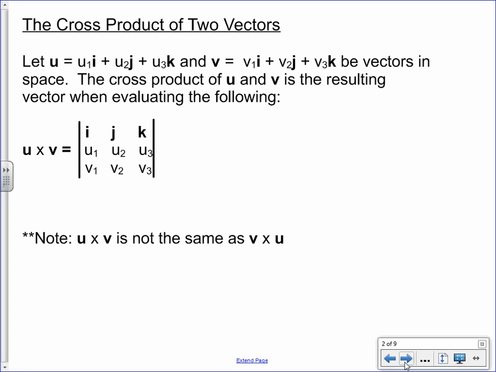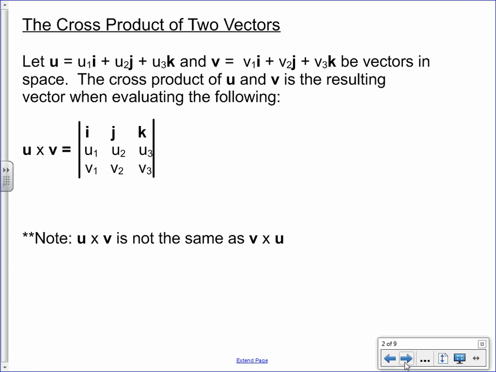We can take their cross product to get a vector. Okay, so we have 2 different products, a dot product and a cross product. So here I have vector u and vector v. Notice they're 3-dimensional vectors.